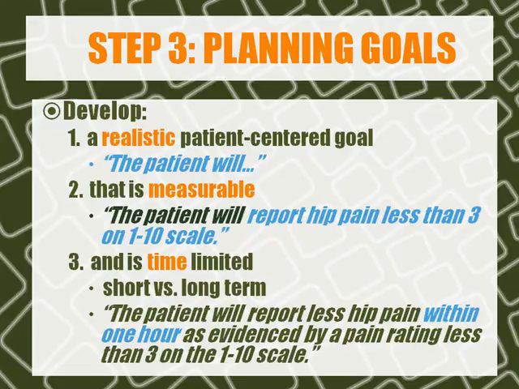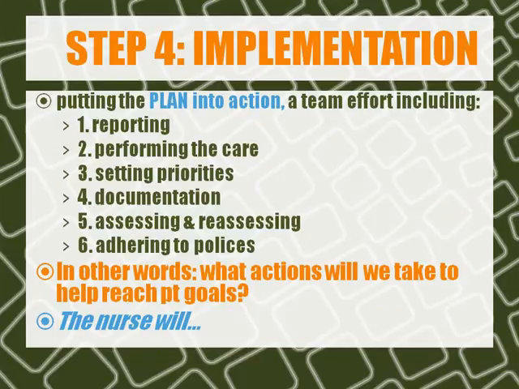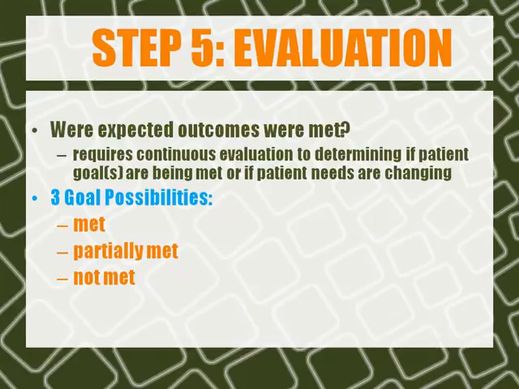It might be position her in a position of comfort. It could be apply ice externally to that left hip. So when we're creating the interventions, we need to write out what the nurse is going to do to help the patient reach those goals. And again, we will practice this in class. We're going to work on a couple scenarios, and this should help bring all this together.